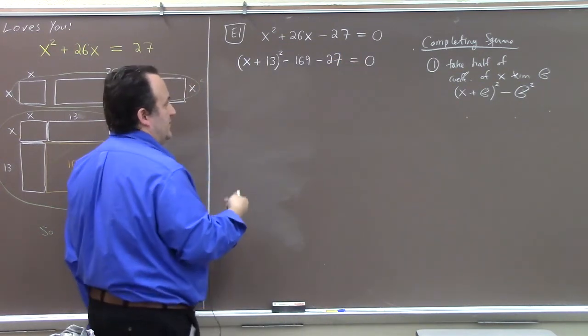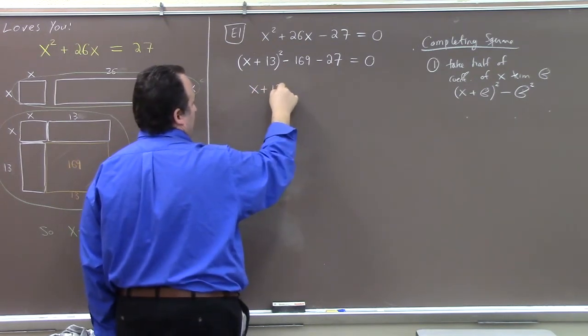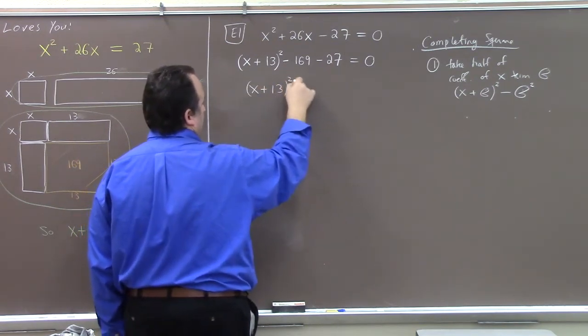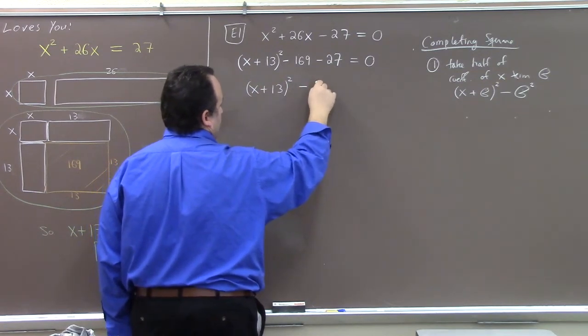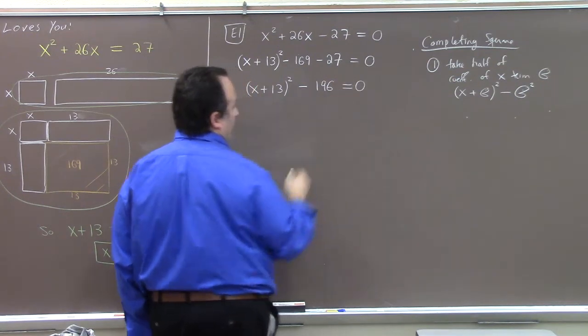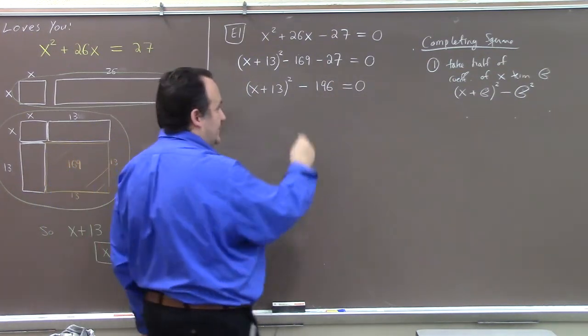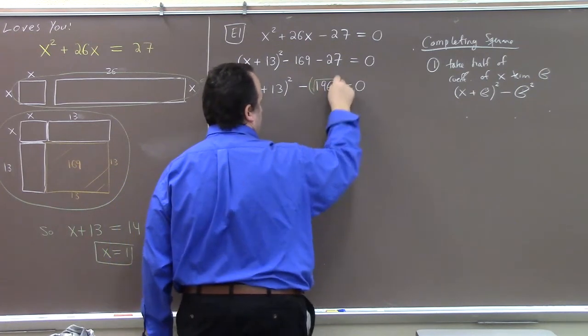Now 169 minus 27 is 196. So what this gives us is x plus 13 quantity squared minus 196, right? But we can take 196 and rewrite it as the square root of 196 squared.